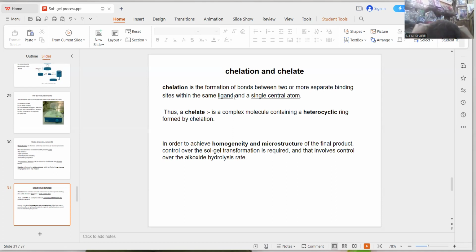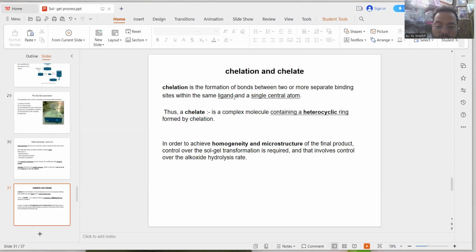That means lanthanum, or let me say lanthanide, will be at the center of these separate structures. Thus, a gelate is a complex molecule containing a heterocyclic ring, that means not a homogeneous ring, formed by gelation.